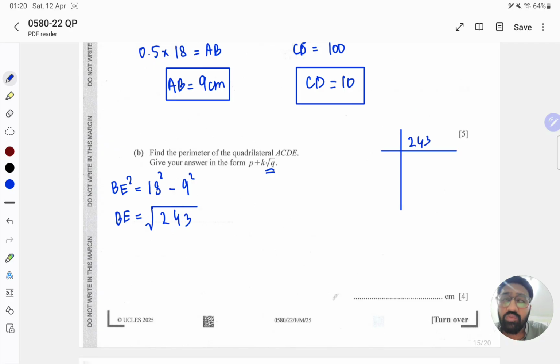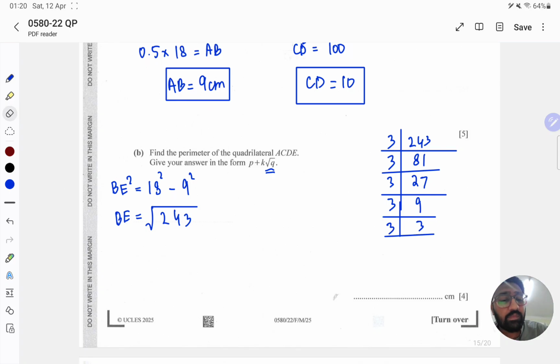So square root of 243: 2, 4, 6 plus 3, 9. So it comes in the table of 3. So 3 times 81 is 243. Again in the table of 3: 3 times 27. 3 times 9. 3 times 3 and 3 times 1.